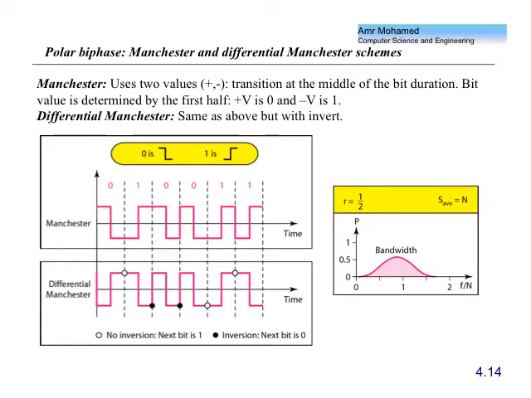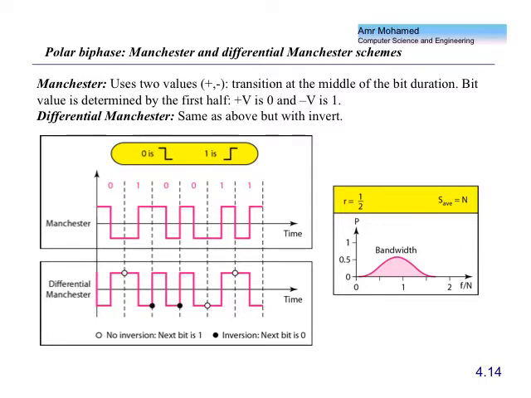The bandwidth is still the same because what I'm trying to do here is that 0 is always created using 2 signal elements. One is above 0 and the other one is below 0. And 1 is again created in the same signal level but inverted.